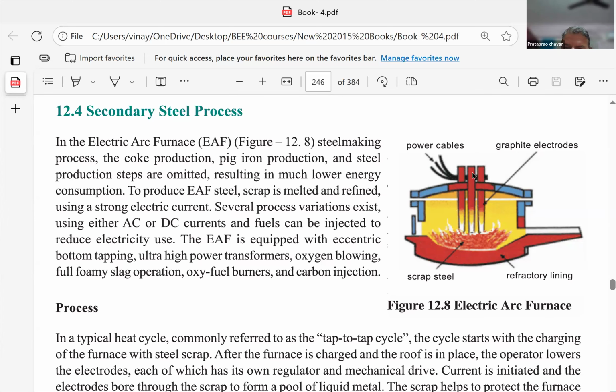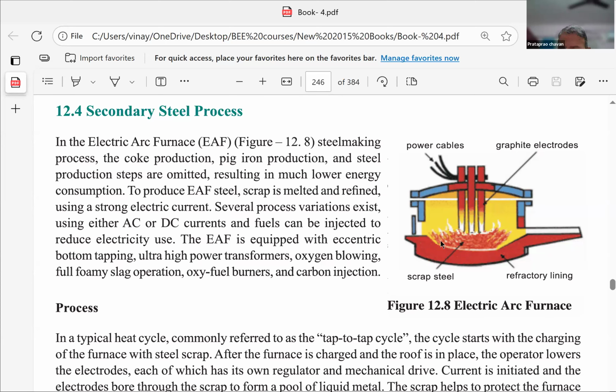Because it is a poor conductor of electricity and it generates a lot of heat. If you use a metal rod, it is a good conductor and will not offer resistance to the electric current. So these quite resistive rods are used, and they get heated. But in the process they reach such temperatures that many times the rods are eroded. Over a period, you have to change the graphite electrodes.